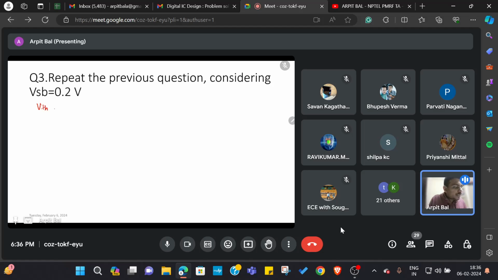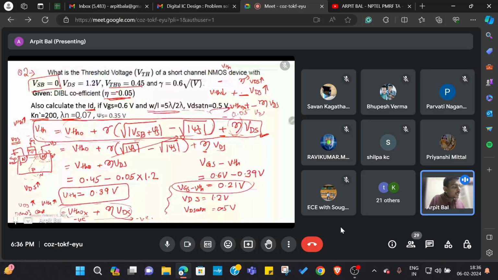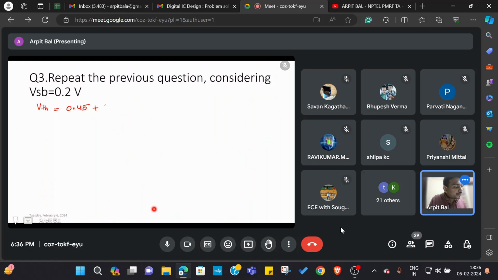So we have VTH is equal to 0.45 plus the gamma, which was given to us as 0.6 square root volt, so 0.6 root over of 0.2, which is the VSB, plus psi s, 0.35, minus square root of 0.35, and VDS was 1.2, okay.